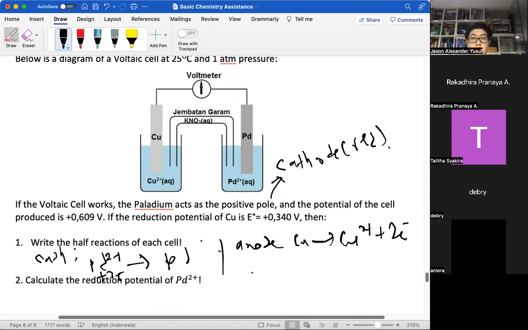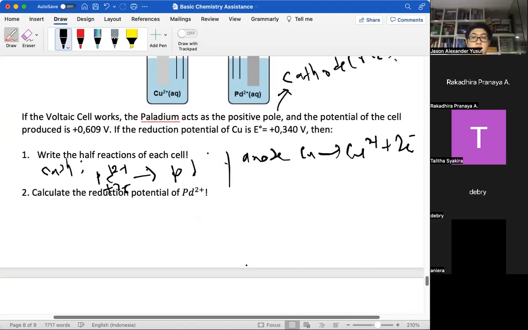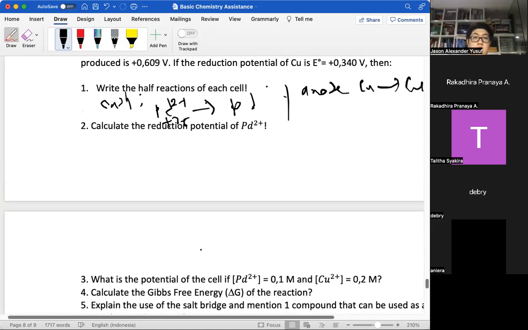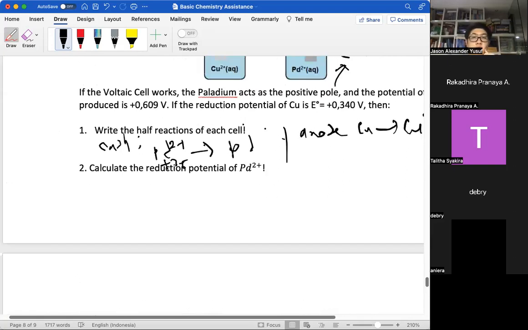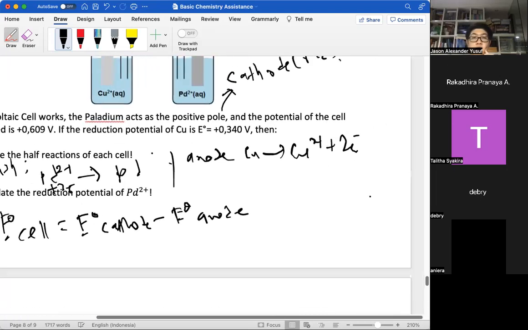We are not asked to write the overall reaction, so we just leave it at that. And this part is to calculate the reduction potential of Pd2+. To calculate that, we need this formula: E standard cell equals E standard cathode minus E standard anode.